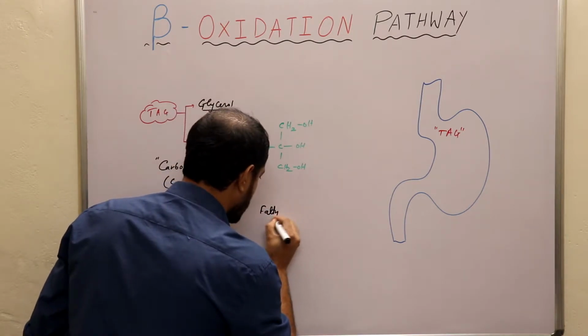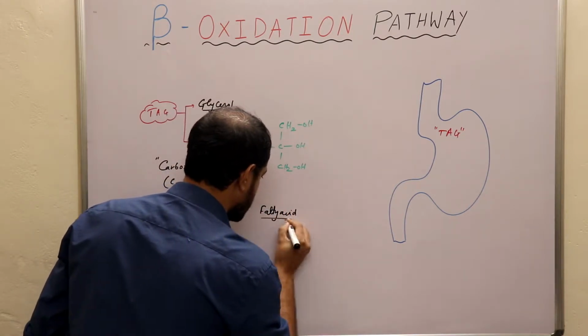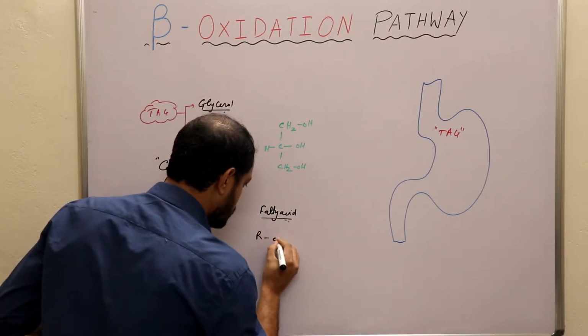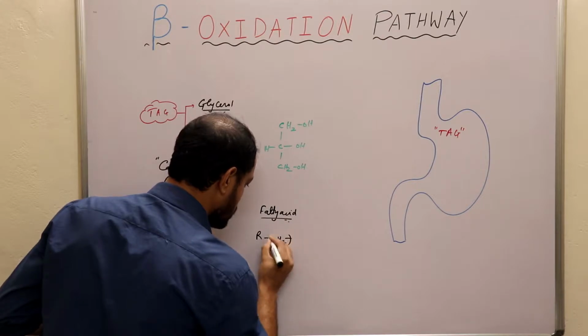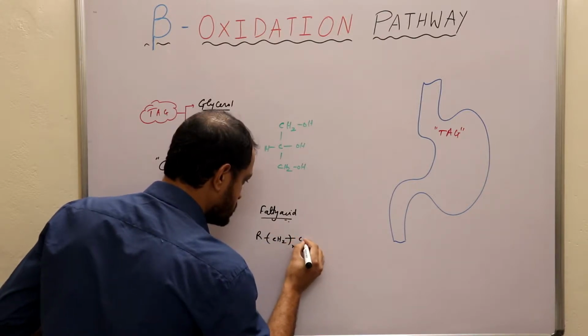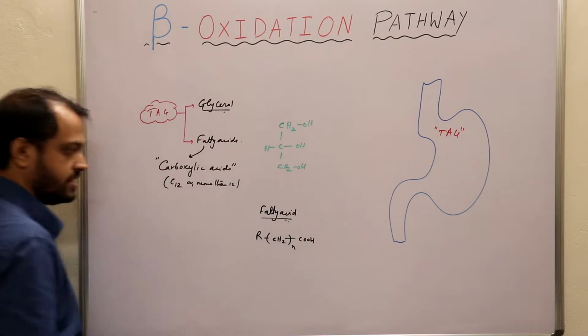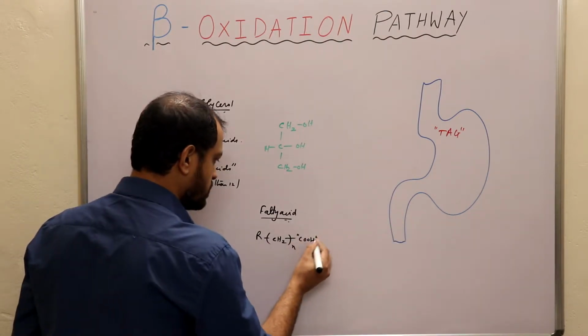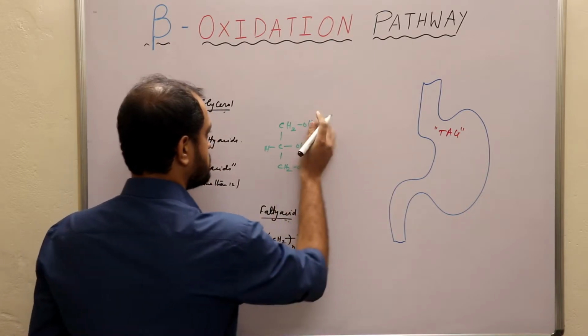How to draw a fatty acid I have already discussed, but we still need a recap. This is the R group, this is the CH2, and then COOH, this is the safest way to draw any fatty acid. Now this COOH will react with this OH.